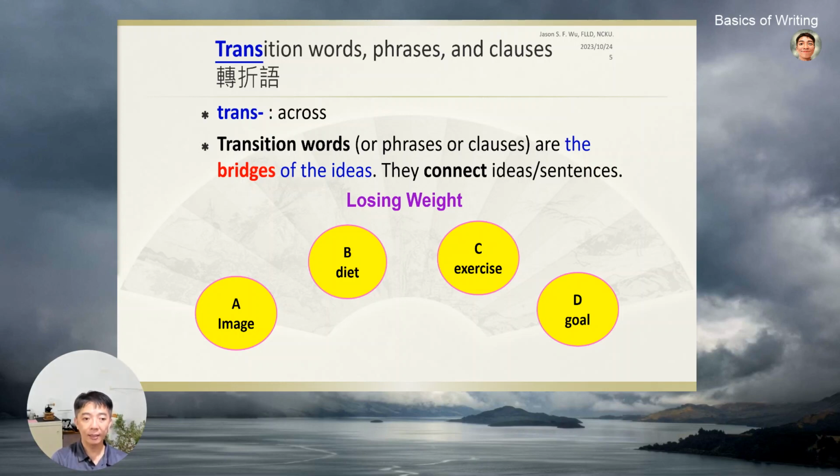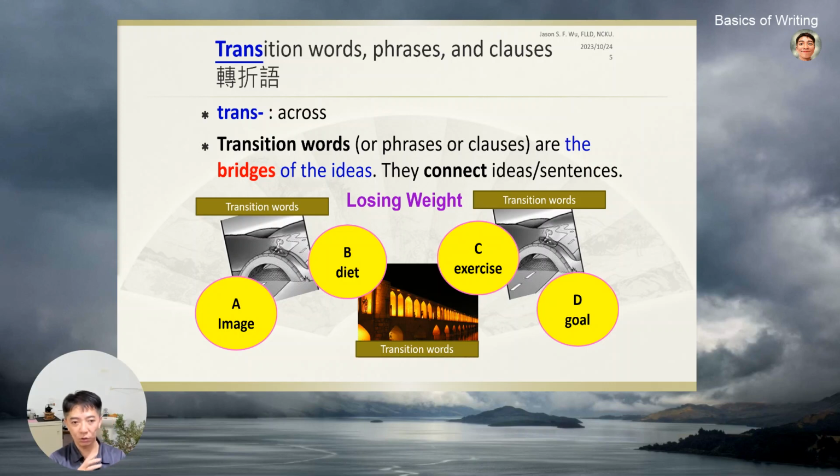And then from this idea to the next idea, you need to use transition words. One sentence or one paragraph may talk about image. Then when you talk about the next topic, you can give us the idea why you want to bring this out by using the transitional word. Maybe you want to emphasize your point, or maybe there is some connection between them.